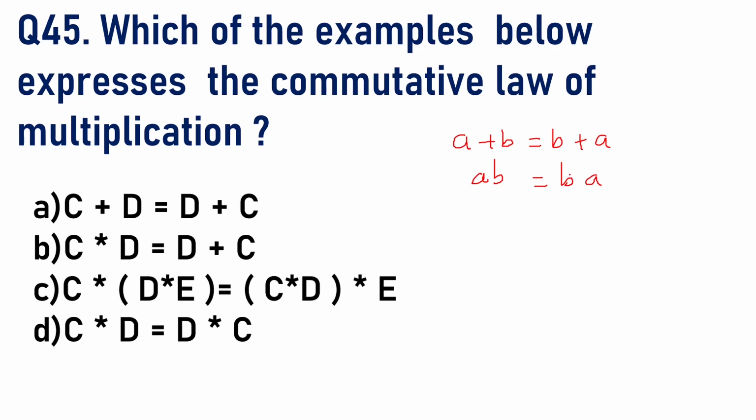Now, the question asks which of the examples below expresses the commutative law of multiplication. So we want multiplication. If you see these options, option D will be the right answer, which says C multiplied by D is equal to D multiplied by C. So option D gives our commutative law of multiplication.